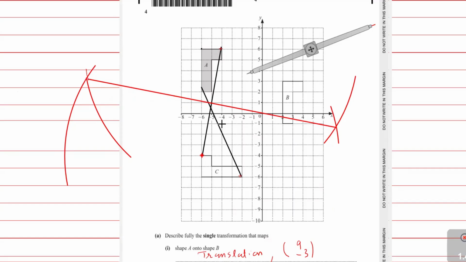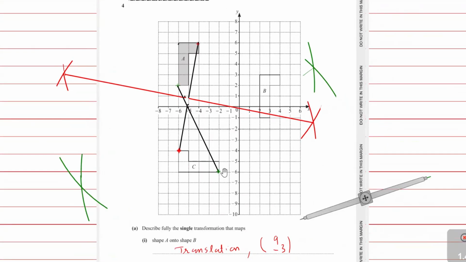Now we will take the second perpendicular bisector of this second line by using the same method. This is the second line. To draw the perpendicular bisector, we have to draw the arc from the object point and the image points on right and left side.